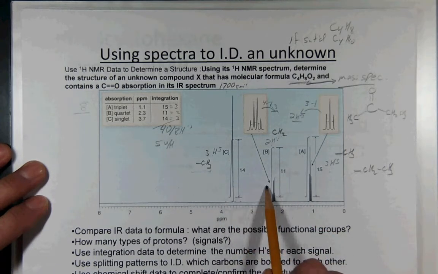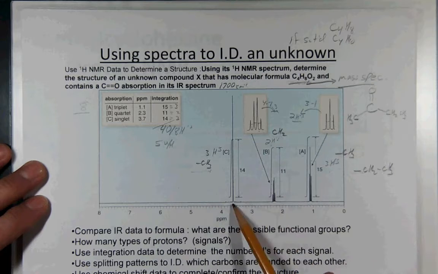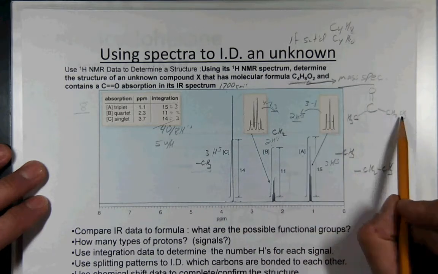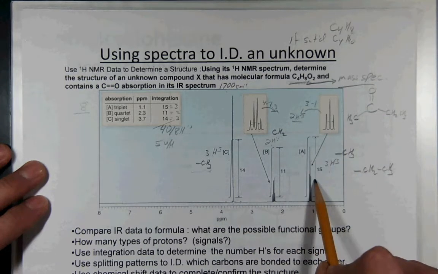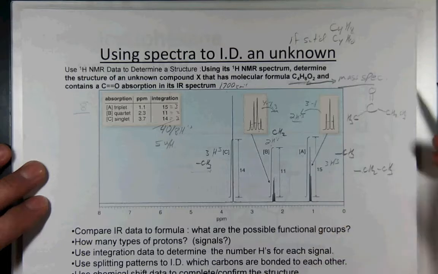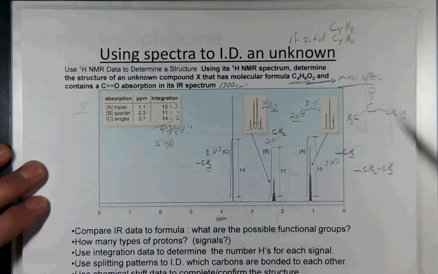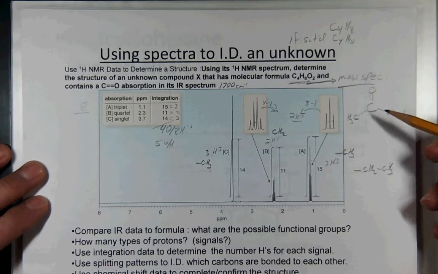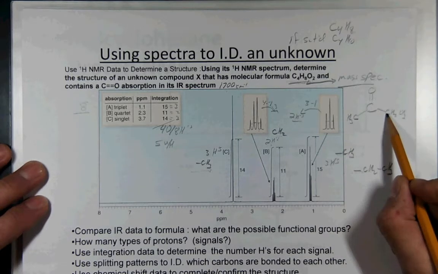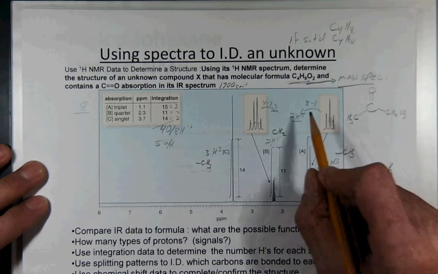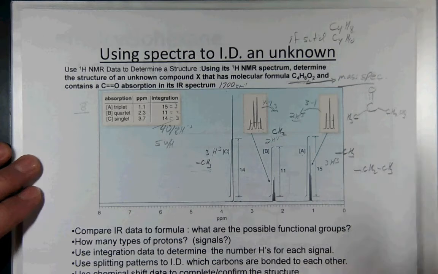And now if we also look at the chemical shifts, this makes perfect sense. These two peaks that are next to the carbonyl are shifted down. The one that is furthest from the carbonyl is upfield. And so what we have, whoops, I take that back, we're missing an oxygen. That would explain why this is so far downfield. So we have an oxygen, so there are two possibilities here.